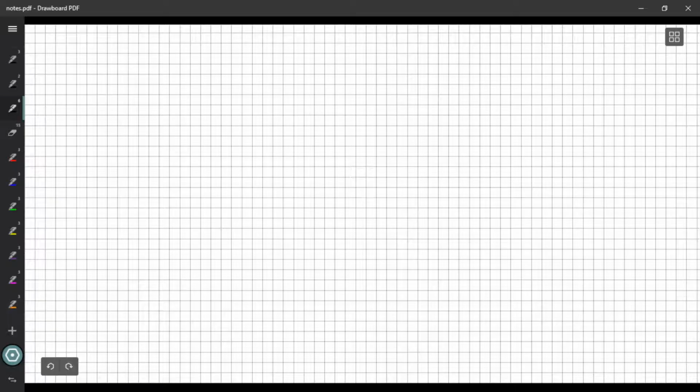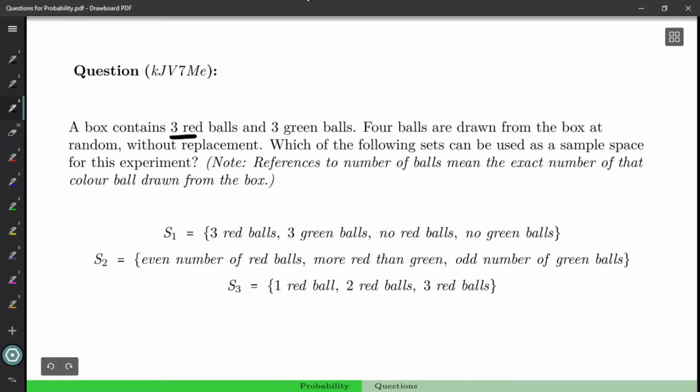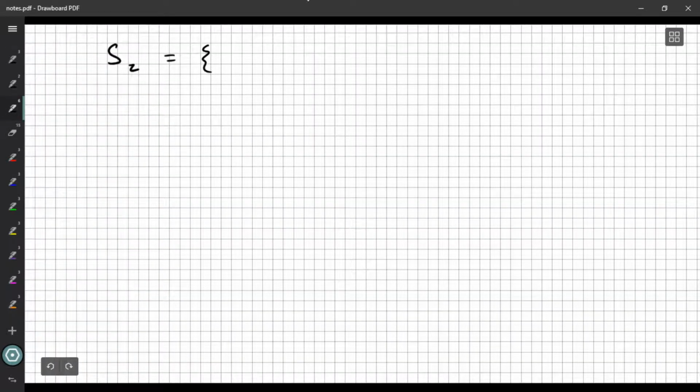Okay, let's go to the next one. They call it S2. Even number of red balls, more red than green, or an odd number of green balls. Again, we're interested in the numbers, although we're a little more vague.